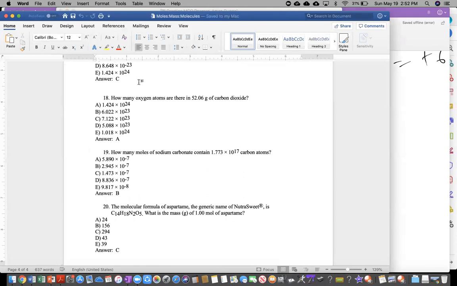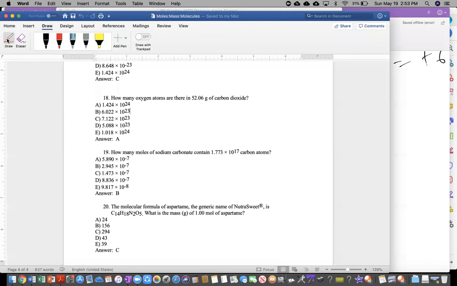So you're given the atoms. We have 52.06 grams of CO2, and you want to find the oxygen atoms in it. How many oxygen atoms? So if I have 52.06 grams of CO2, I have to first change it to moles. So from grams of CO2, I'll go to moles of CO2.